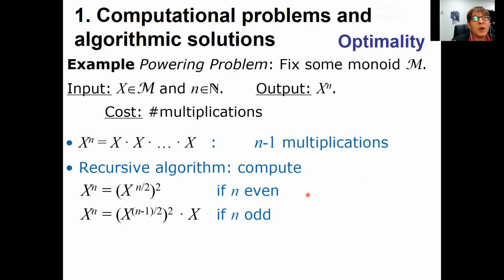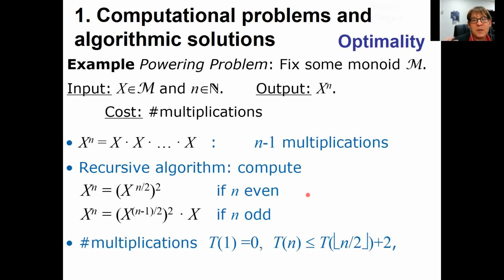The correctness of that algorithm is obvious, but what may be less obvious at first sight is the cost incurred by these algorithms, namely the number of multiplications. To this end, we have devised a recurrence where T of n denotes the number of multiplications incurred in case of the exponent n. If exponent n is 1, then there's nothing to do, no multiplication, 0.